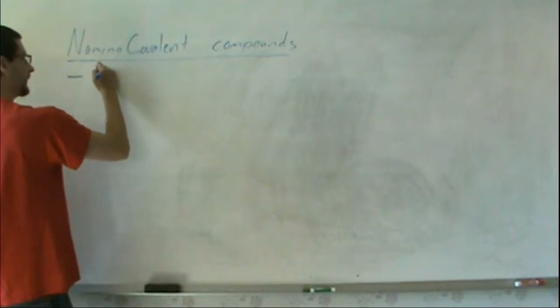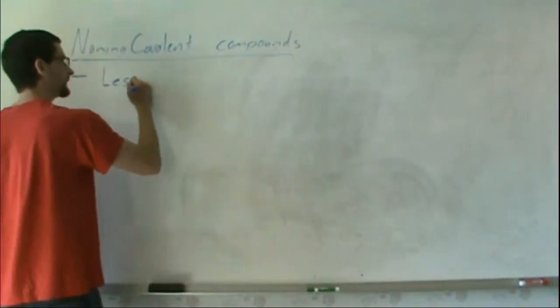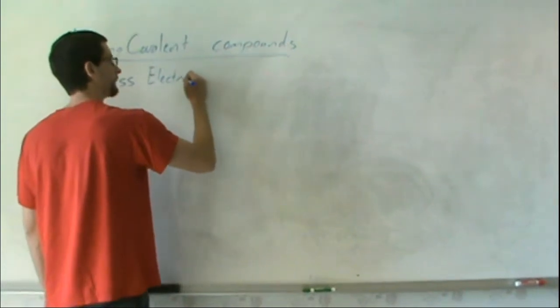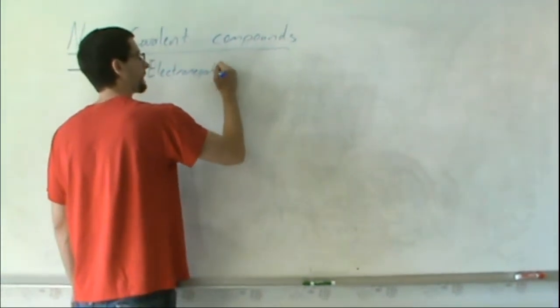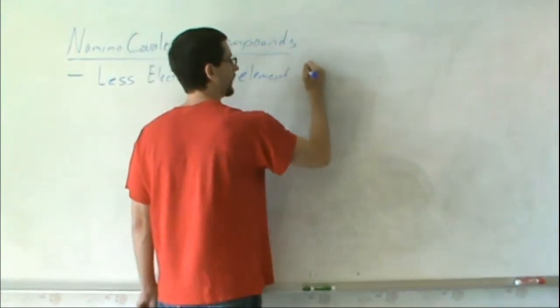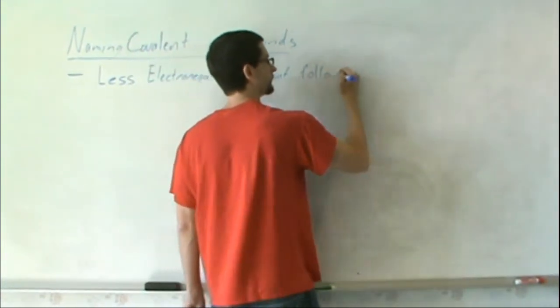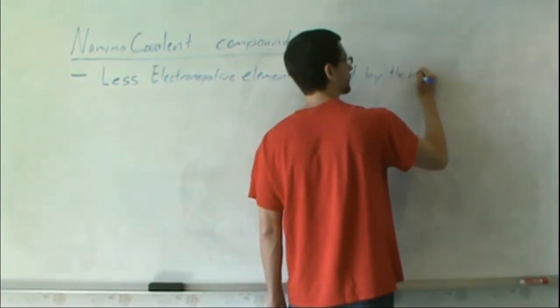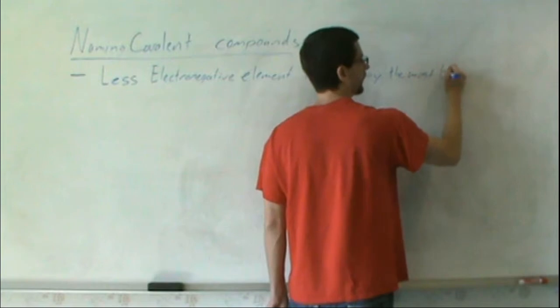You typically list the less electronegative element followed by the most electronegative.